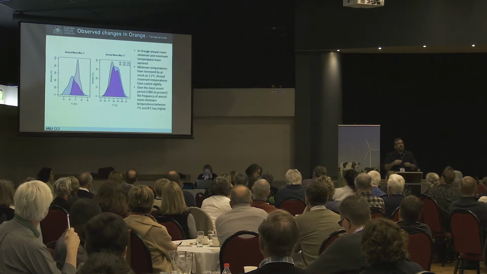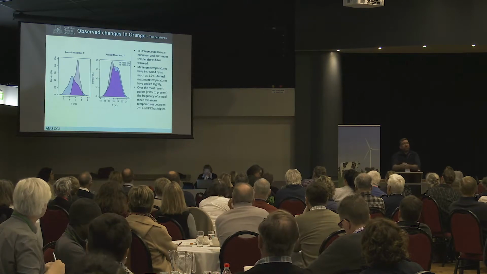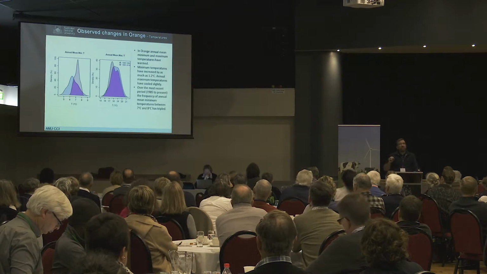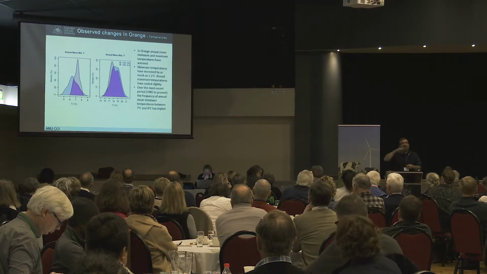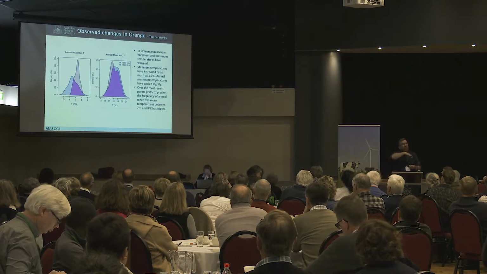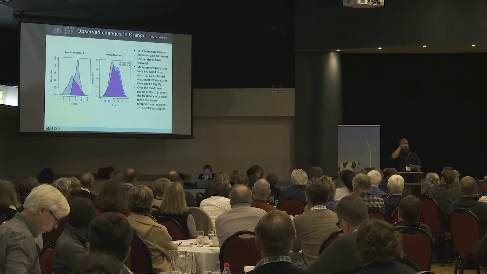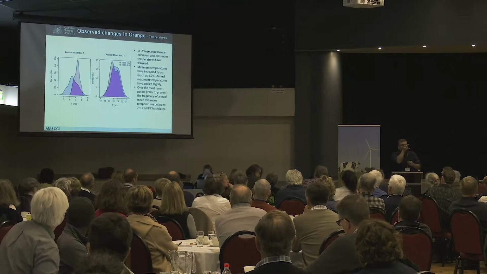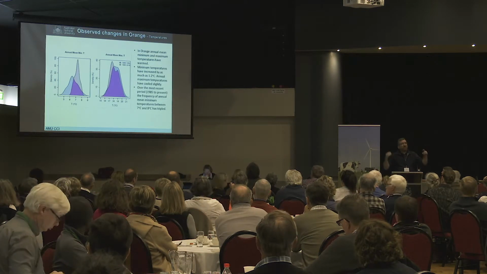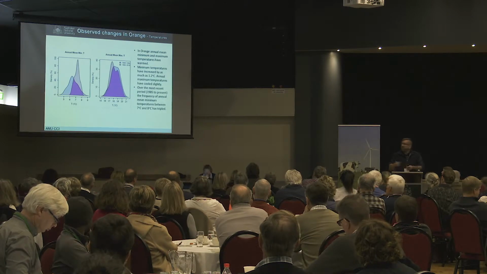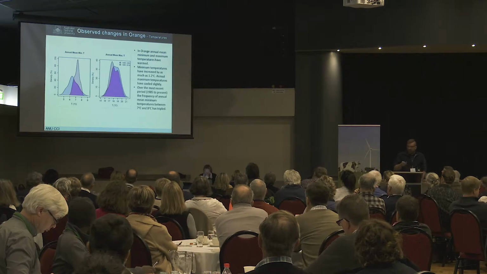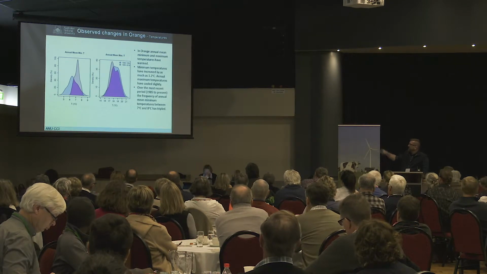What I wanted to do is actually show you what's happened historically for Orange. And this is building on what Lynette showed in terms of the distribution of temperatures. If you think of a bell-shaped curve, we have temperatures which are clustered around that central point, and then we have tails of the distribution. So we have cold tails on the left-hand side and warm tails on the right-hand side. What I'm showing you here is the comparison of 2 different periods.